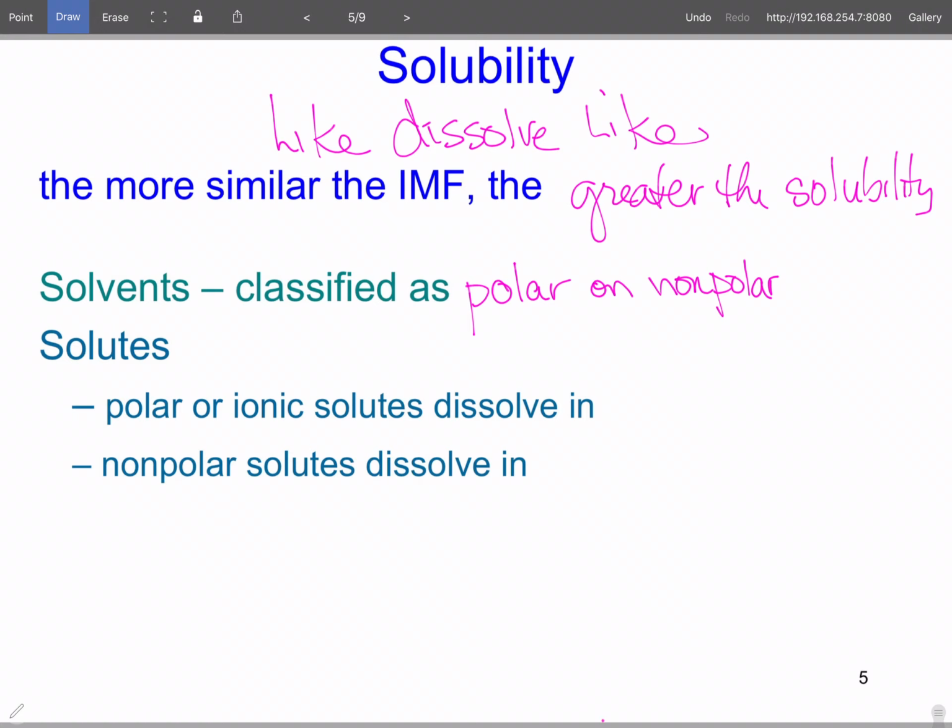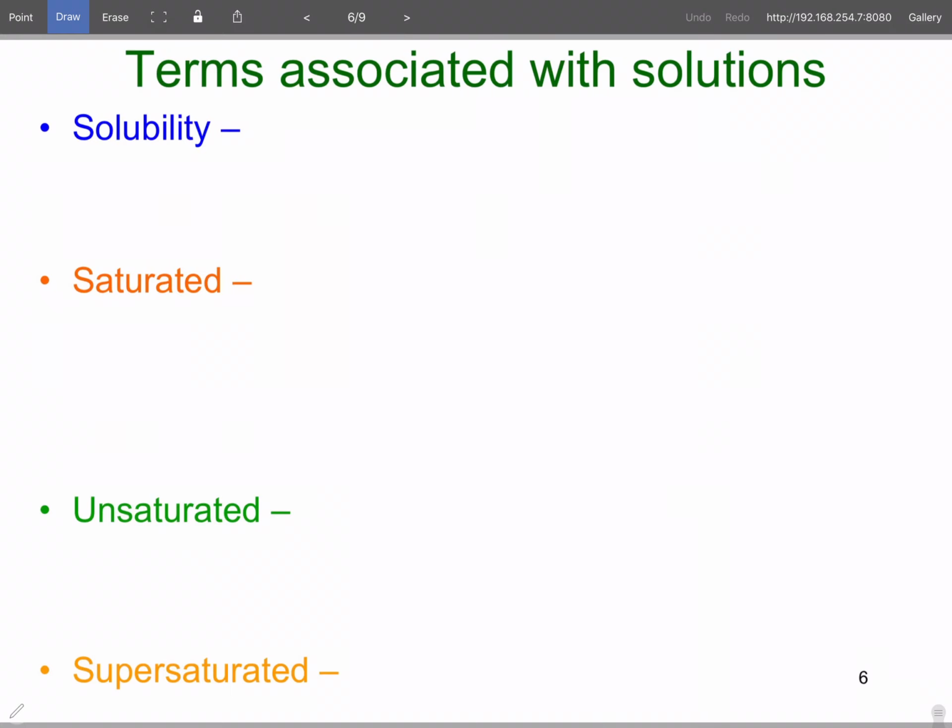Polar or ionic solutes will dissolve in polar solvents. On the other hand, nonpolar solutes will dissolve in nonpolar solvents. So when we say like dissolves like, we're talking about their intermolecular forces and how they're alike.